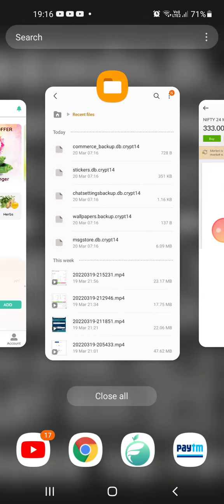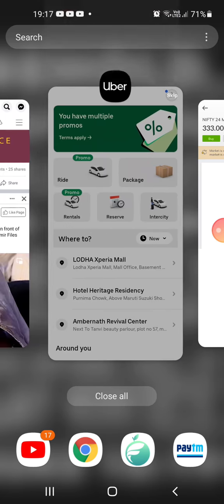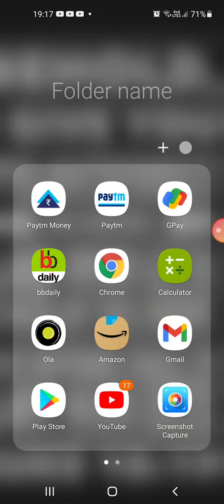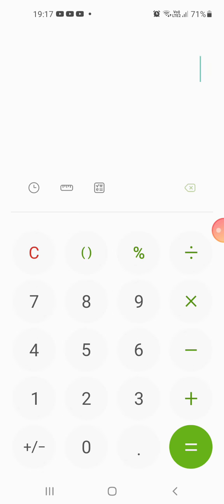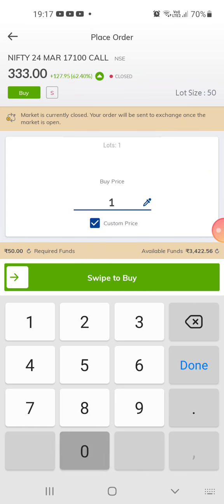Sorry about this, just give me one minute. All these things are open. I'll just open this calculator. So 333, and if you remove 70% of this, it comes to about 99 rupees, 100 rupees. You have to wait, because the decay is so fast.